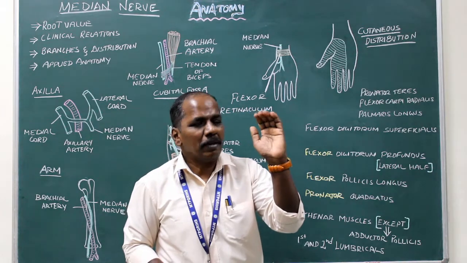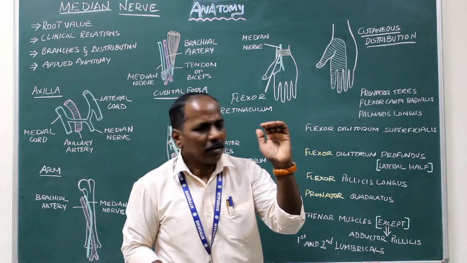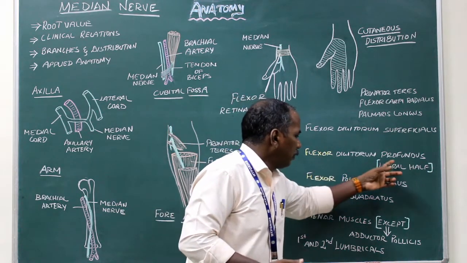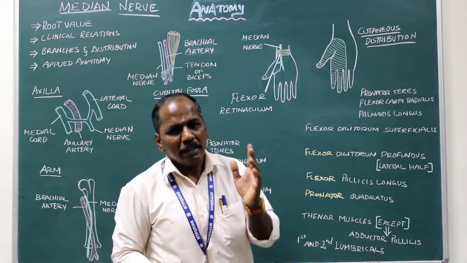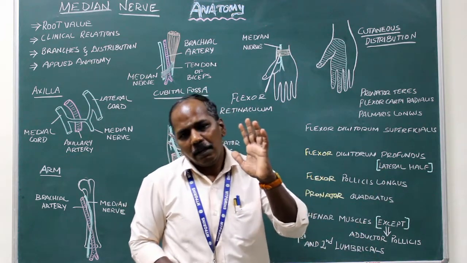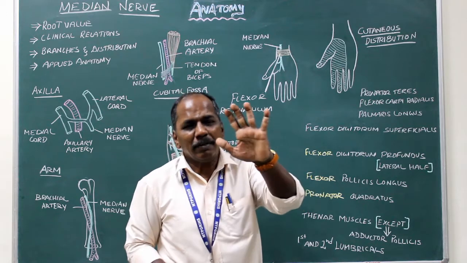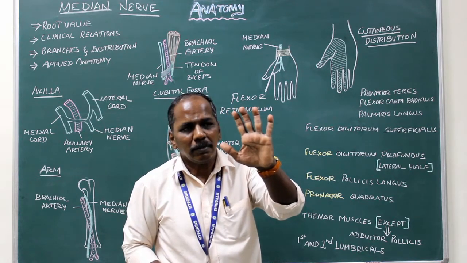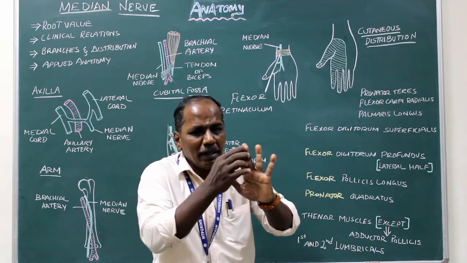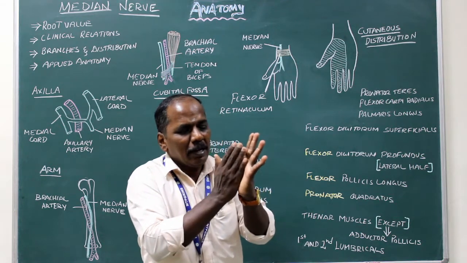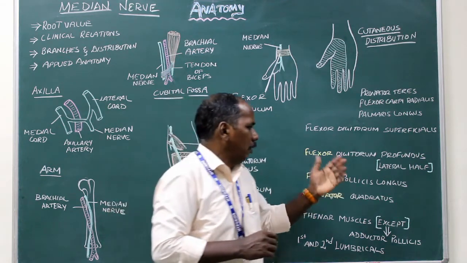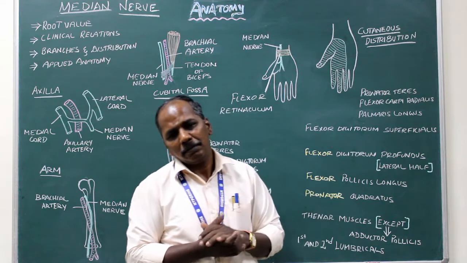When the flexor digitorum profundus is affected, it results in loss of flexion of the terminal phalanges, especially only the lateral two, because only the lateral half of the muscle is supplied by the median nerve.